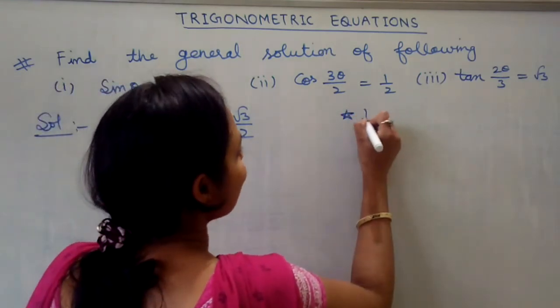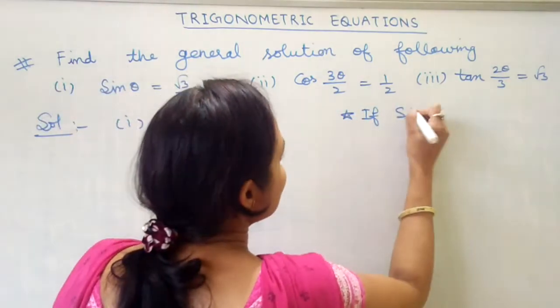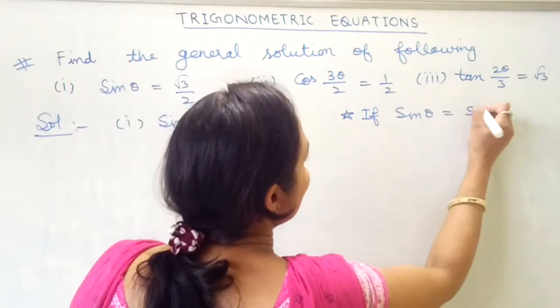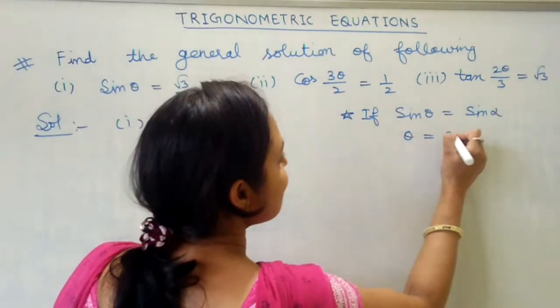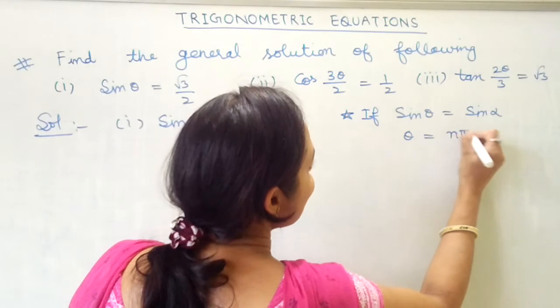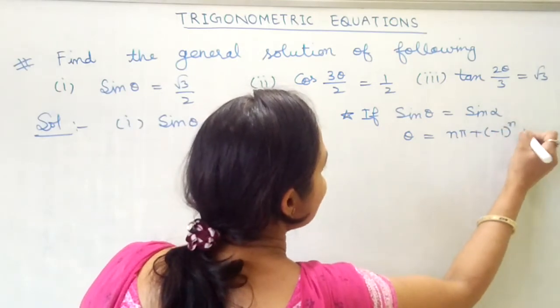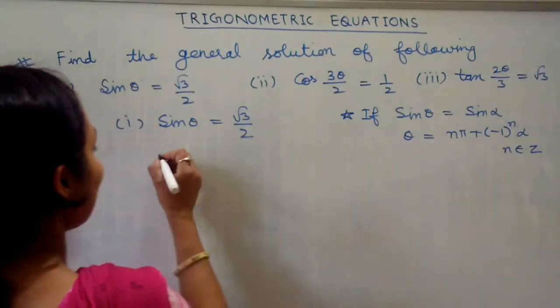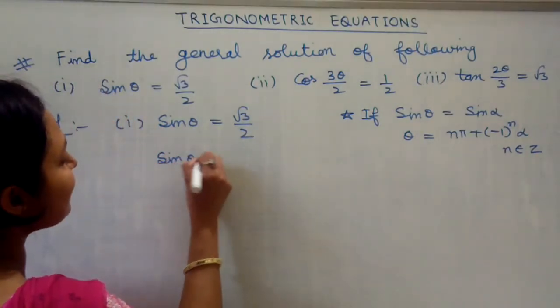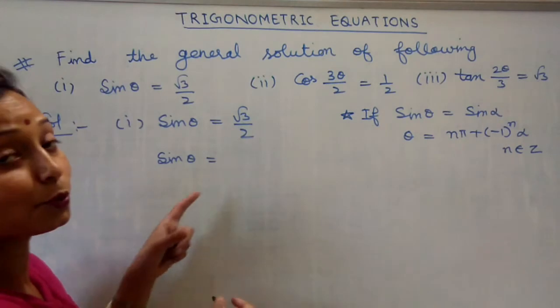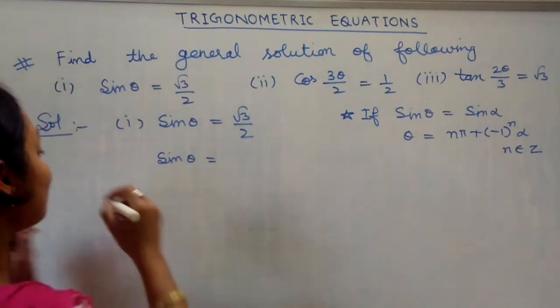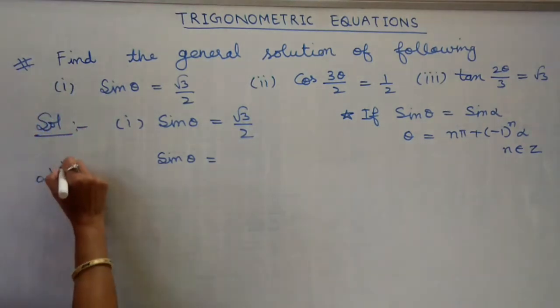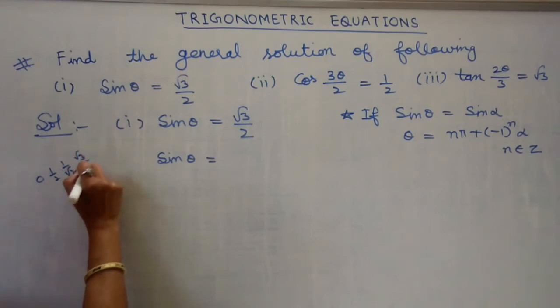If sin θ is equal to sin α, what will happen? Then θ is equal to nπ plus minus 1 raised to power n into α, where n belongs to the integers. I will write sin θ is equal to 0, 1 by 2, 1 by root 2, root 3 by 2 and 1.